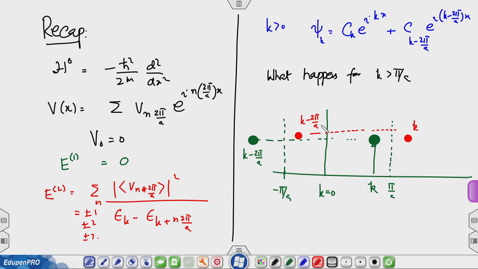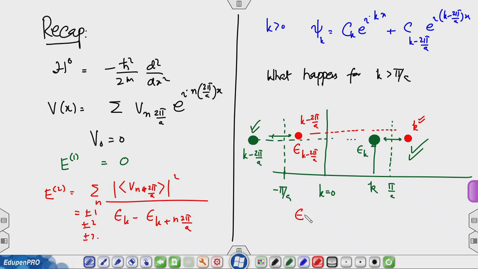By symmetry, now for this k, the red k, this energy E of k minus 2 pi by a is exactly the same as this E of k, the green one, because I am taking the same distances on both sides. And this energy out here is the same as this energy. So, let me write this with color code.